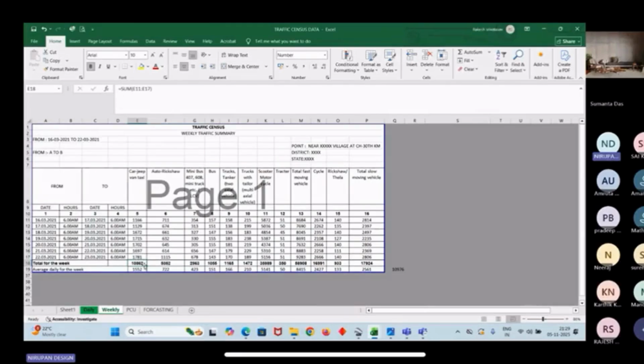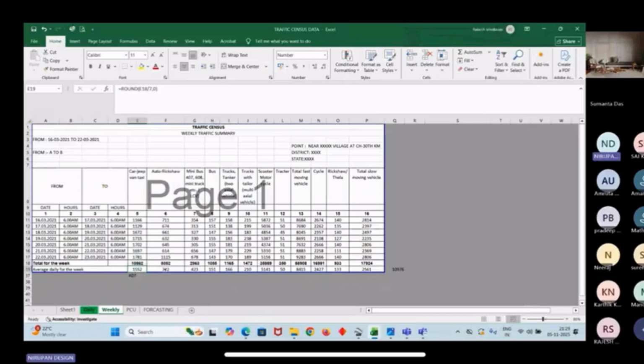So right now we need to design on the basis of average daily traffic, just ADT. If you divide the 7 days of traffic by 7, you will get the average daily traffic.